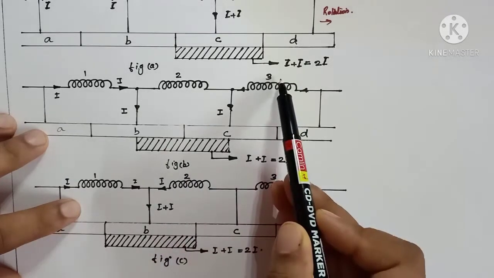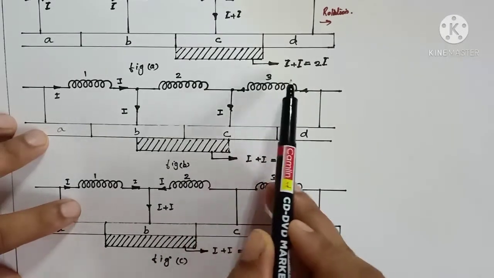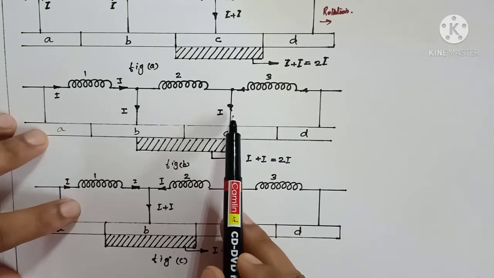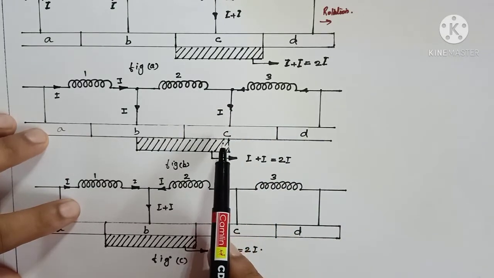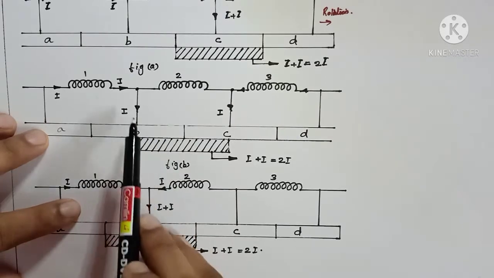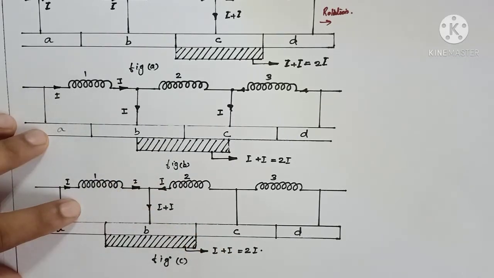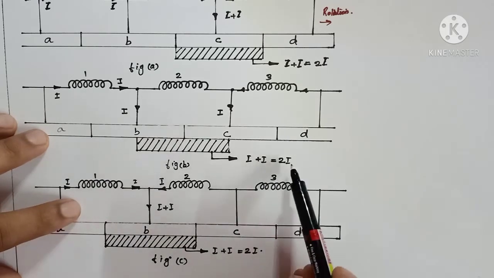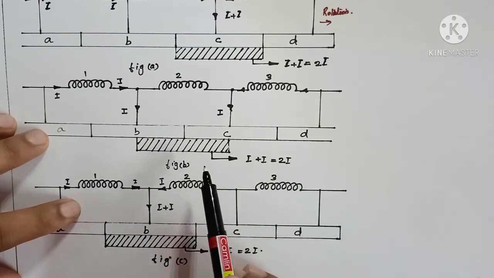Also, the current from the third coil, that is I, will flow directly through the C segment and be collected by the brush. So the total current will be the current from the first coil and the third coil, I plus I, that is 2I, which is the net current collected by this brush.